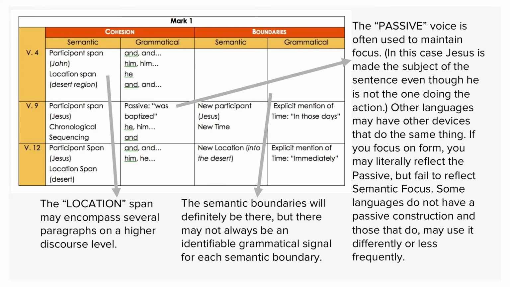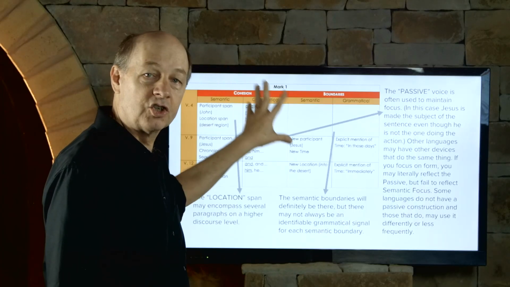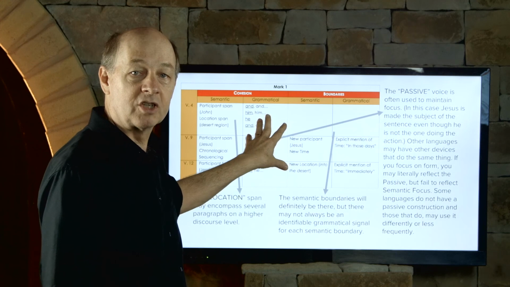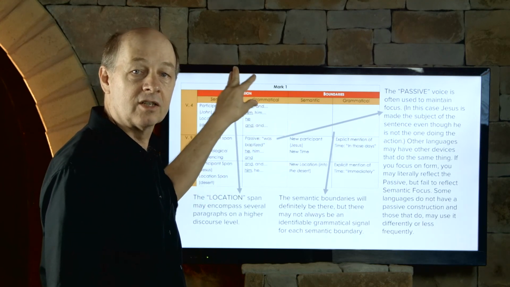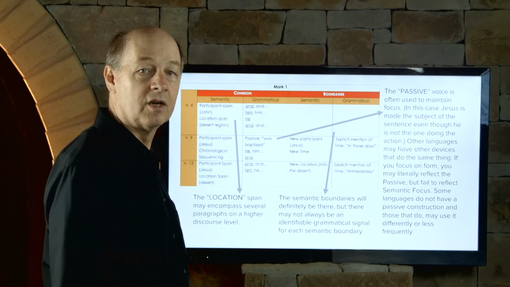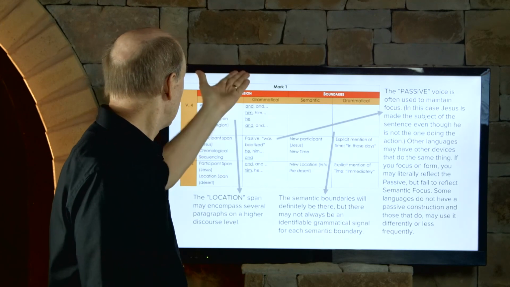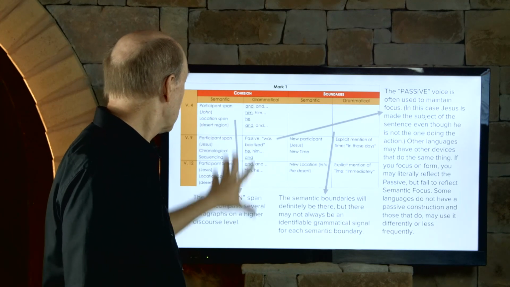He's not the one that is actually baptizing. So we have Jesus coming and Jesus speaking and preaching, and Jesus was baptized by John. In this case, the passive construction marks John as the object of a preposition, and Jesus, as the subject of the sentence, remains prominent.